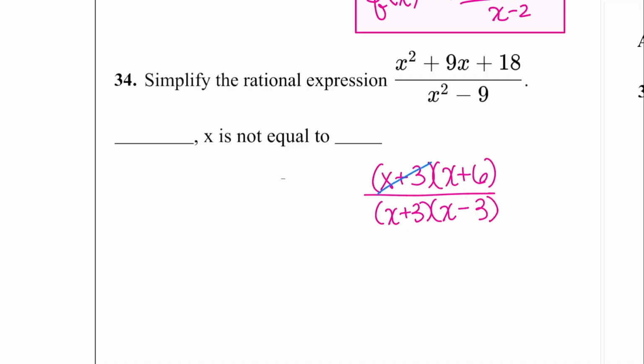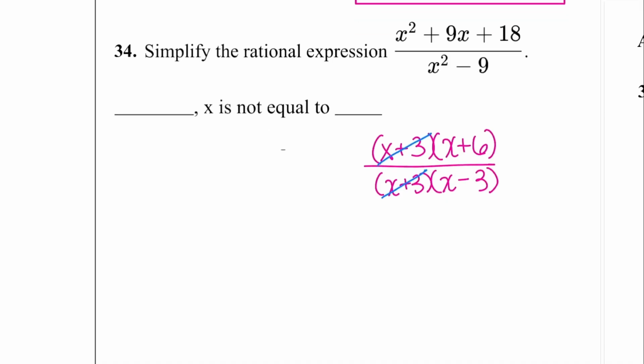Here we're going to have a hole at -3, and so simplifying the rational expression, this is going to be (x plus 6) over (x minus 3). Now we also know that our denominator is not allowed to be 0, so x is not allowed to be 3.